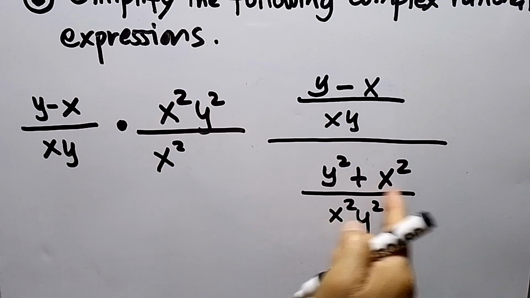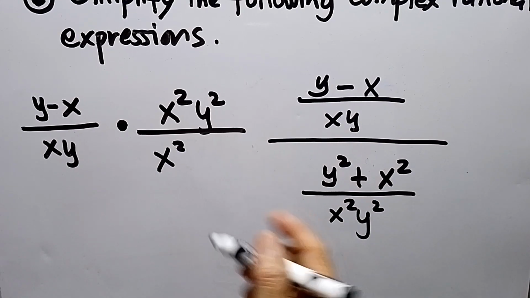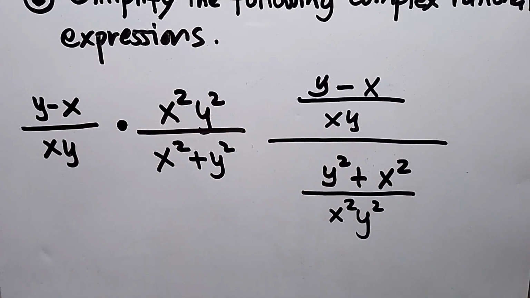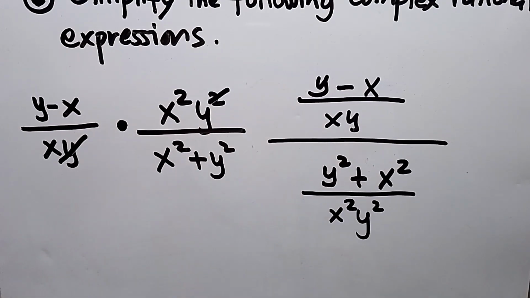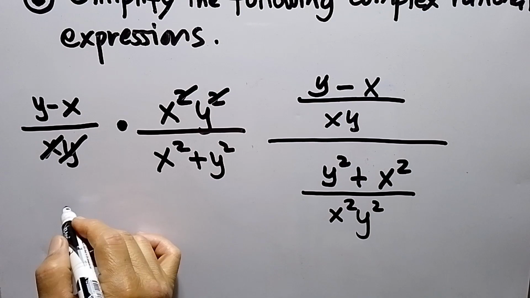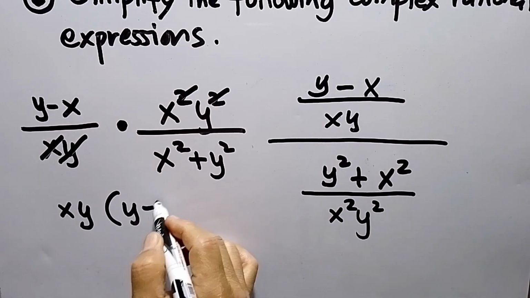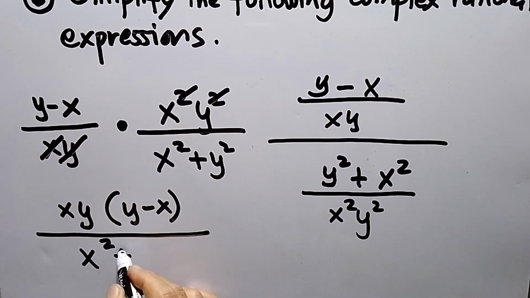I can change this because this is addition, so it is commutative. So I can write x squared plus y squared. This will be crossed out, y becomes 1, and also x will be 1. So I have here xy times y minus x, all over x squared plus y squared.